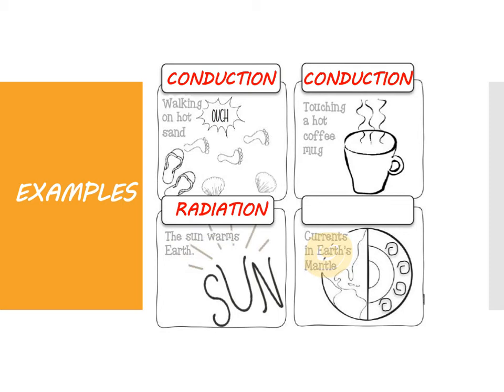The magma itself is swirling around and around inside the mantle, and so we have that moving of fluid, which is convection. So here we have several examples of the different types of heat transfer.